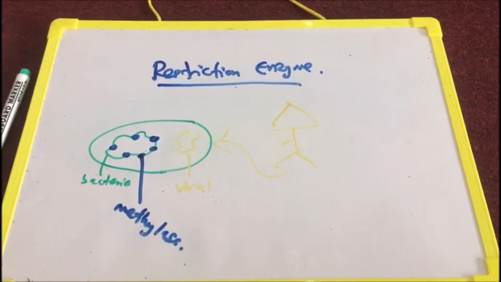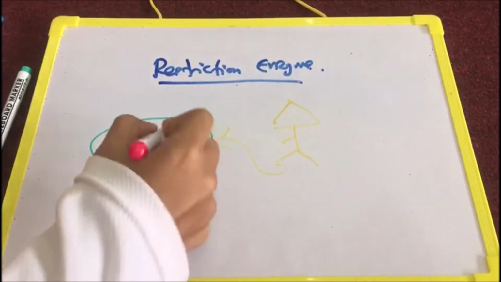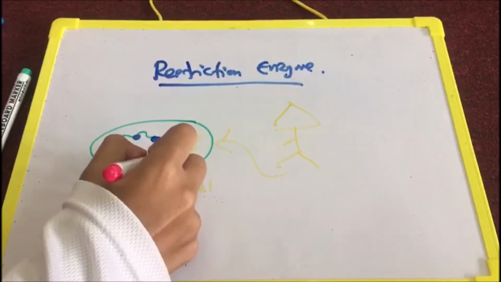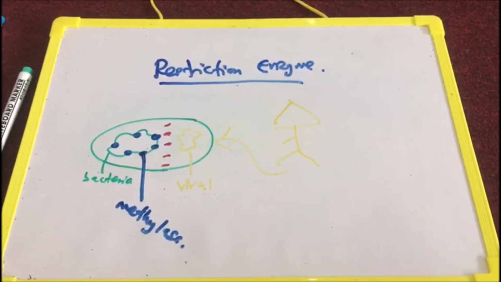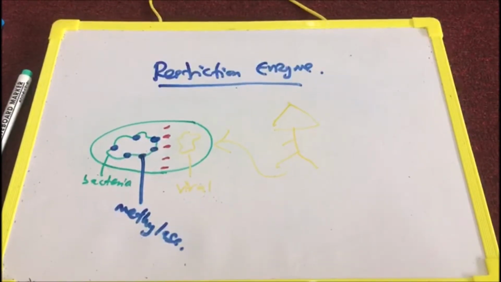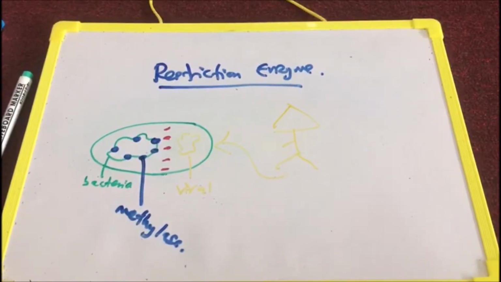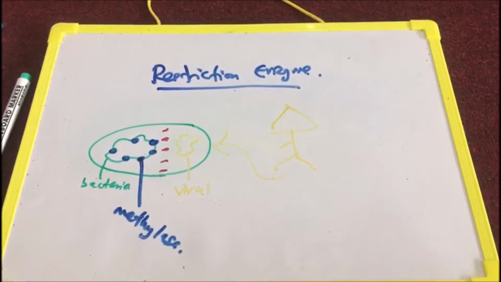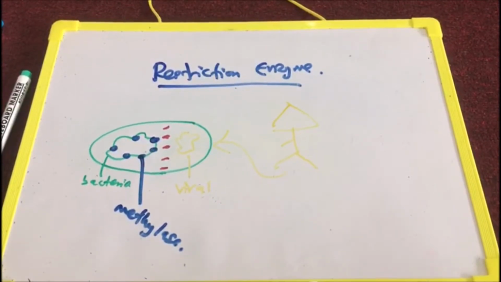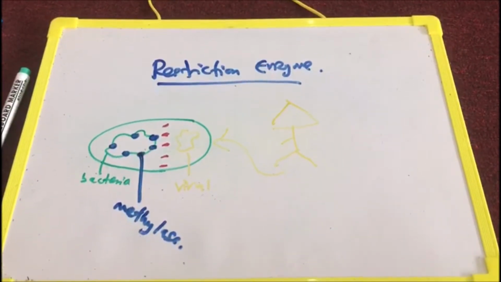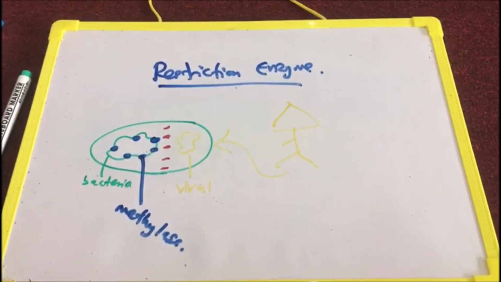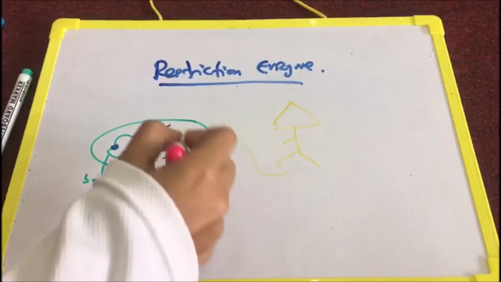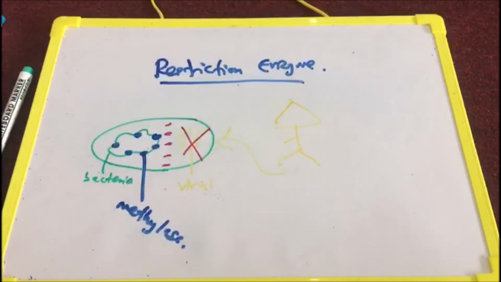Now we have another enzyme called restriction enzyme floating around in the cytoplasm, and it will recognize the methylated DNA and the unmethylated foreign DNA. Once it recognizes the unmethylated DNA, it will destroy the viral DNA.